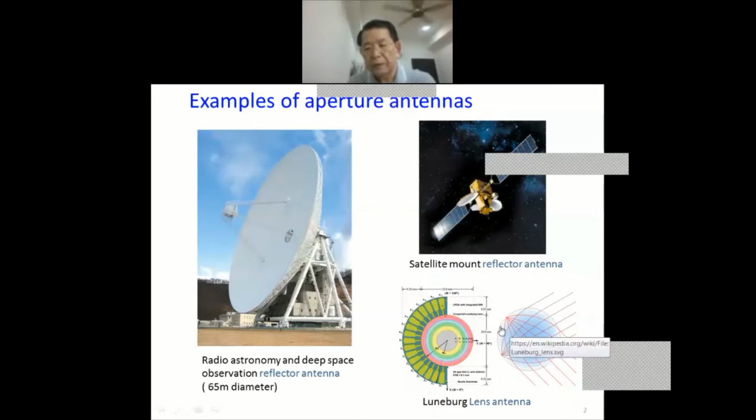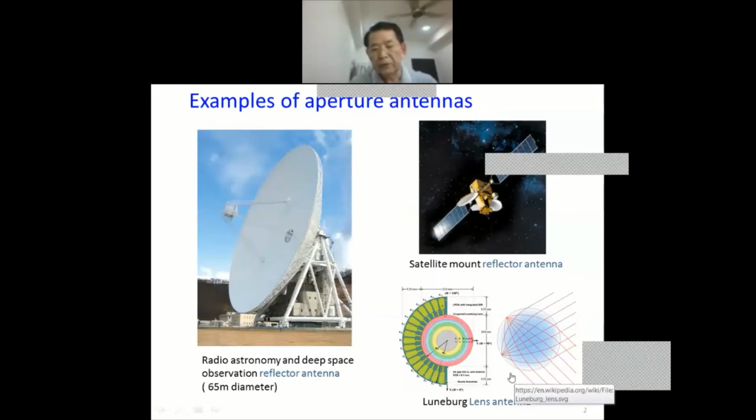So by placing the source at any place, many directional apertures can be achieved. Many feed positions can be arranged, and many directional beams are formed. This is very good.